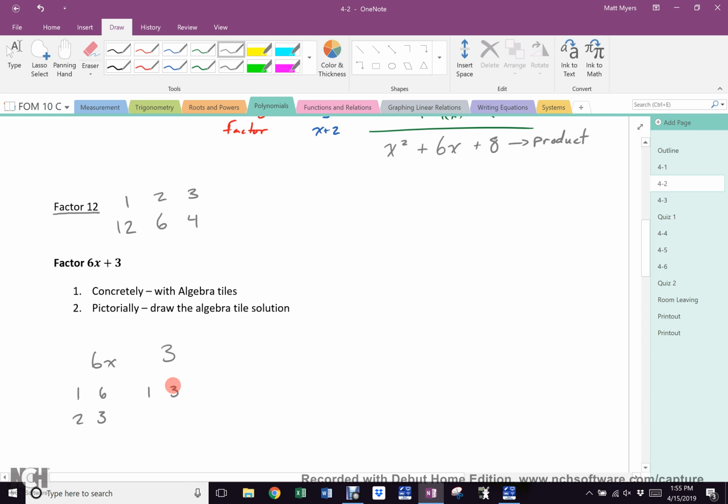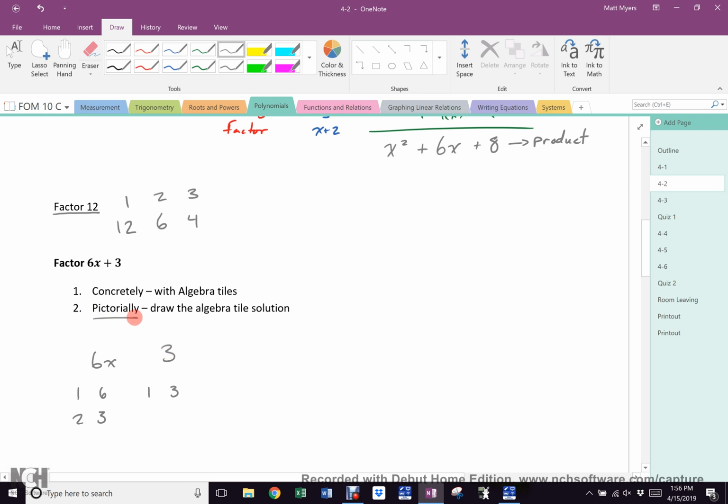Now, what do you notice about all the pairs? There's always 1. So is 1 going to be very helpful to us? No. All right. What else is there that you notice? There's a 3 in both of them, which means 6x can break down into groups of 3, and 3 can break down into groups of 3, correct?